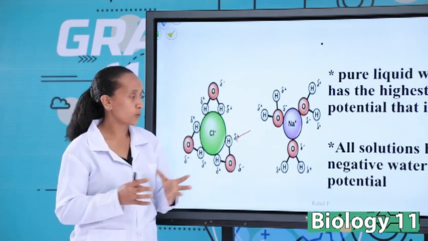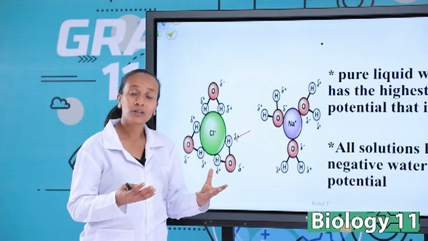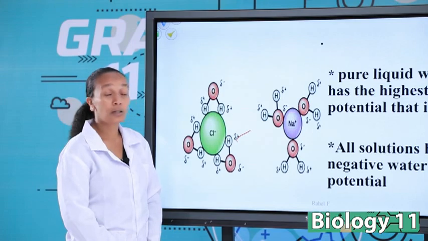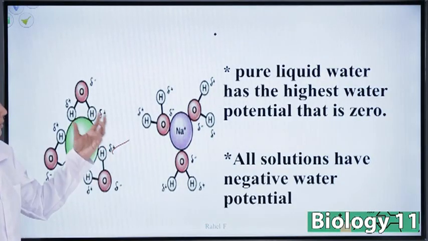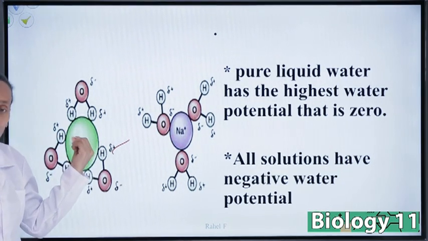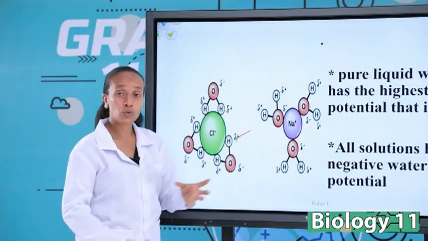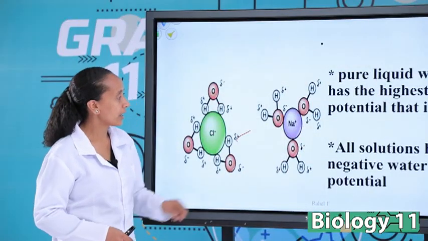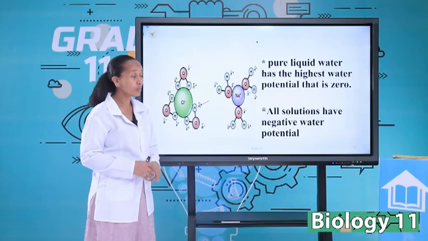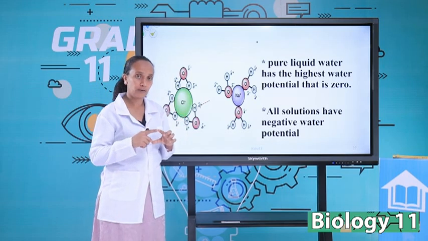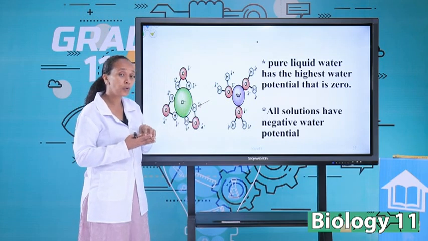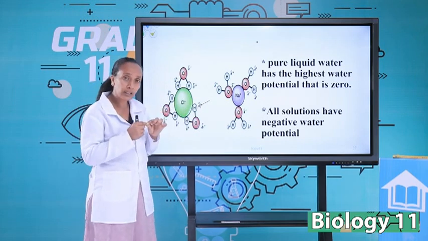From your chemistry, you know that when solutes are dissolved by solvent, for example by water, since it is the universal solvent, the water molecules will bind to the particles of solutes in order to dissolve the solute, and when they bind to the solute particle, they will form what we call a hydration layer. When they form this hydration layer, the number of free water molecules in the system decreases.